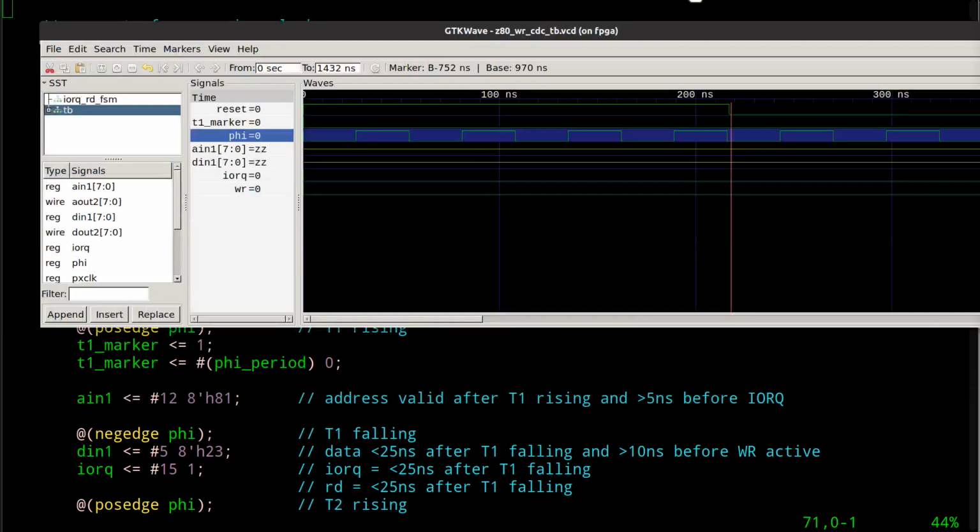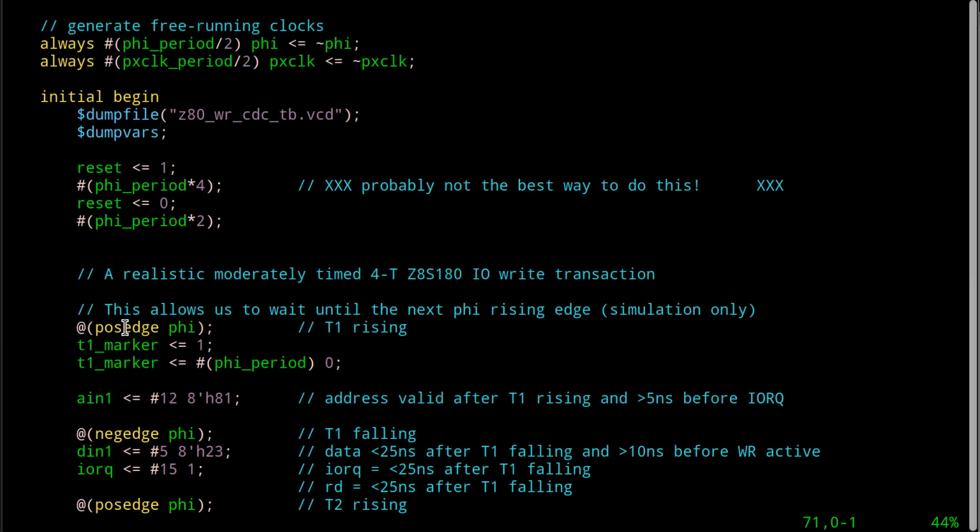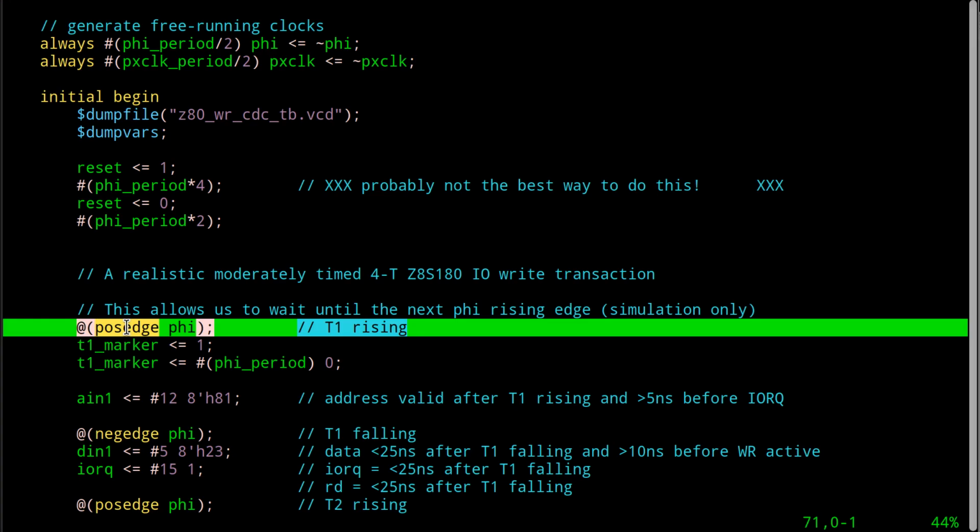And this is another good reason why you should put this in your code, because I reset it 180 degrees out of phase from what I thought it was. If I just waited another period here and just declared, okay, I'm now at the place where T1 should be rising, I'd be wrong.